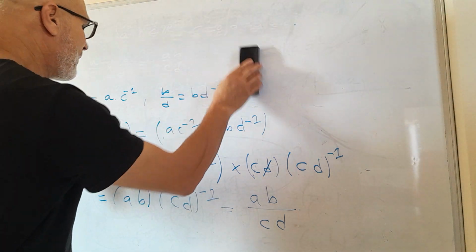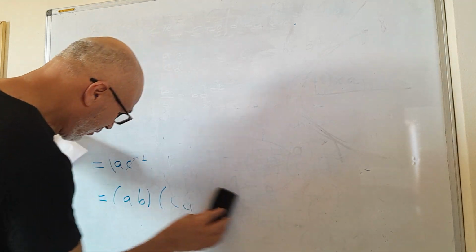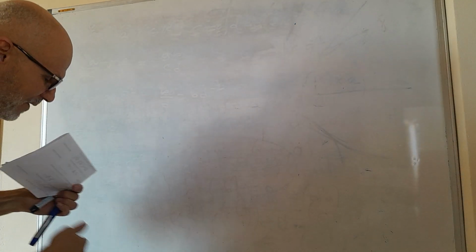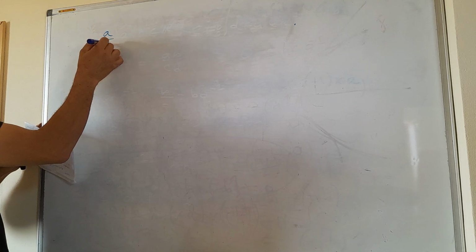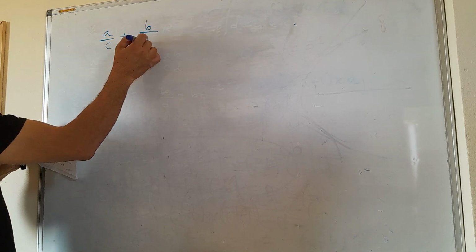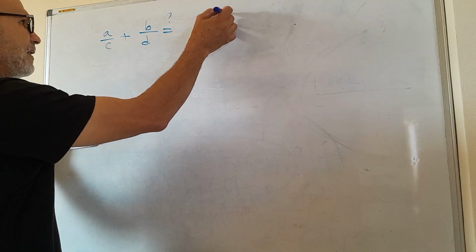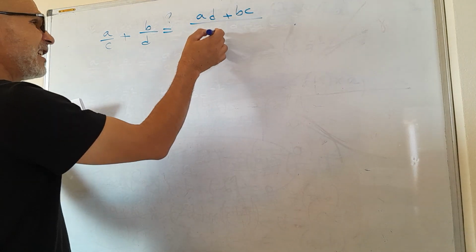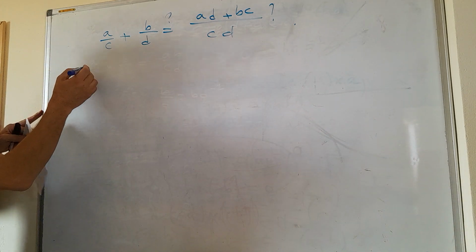How can we prove that a over c plus b over d, in the same condition, is exactly ad plus bc over cd? We start from this one.